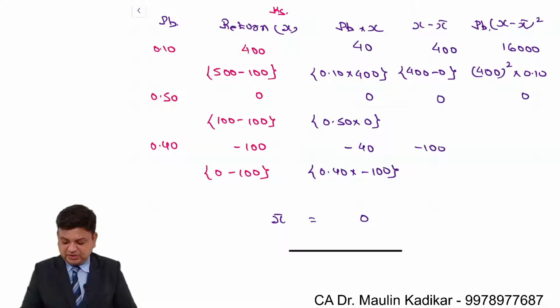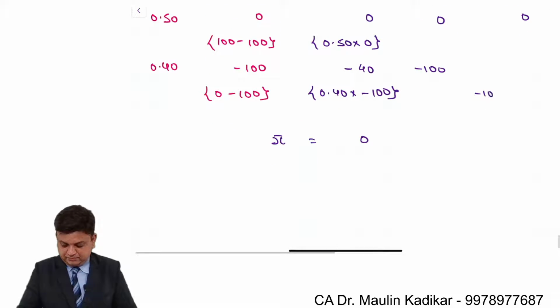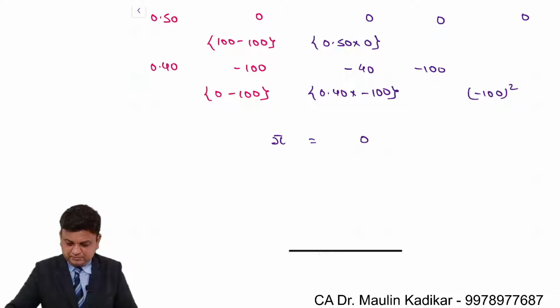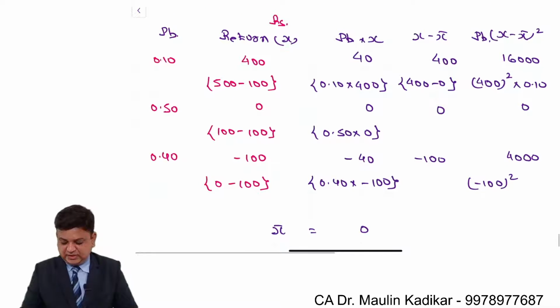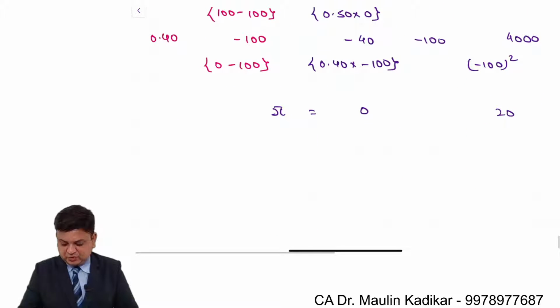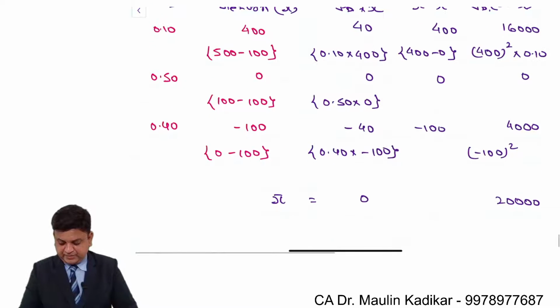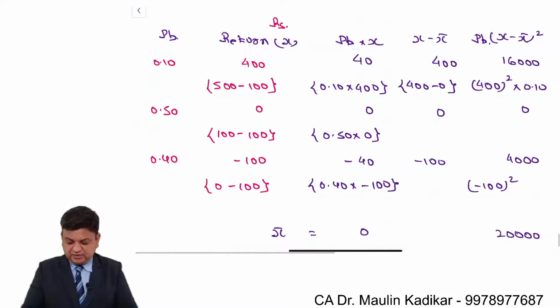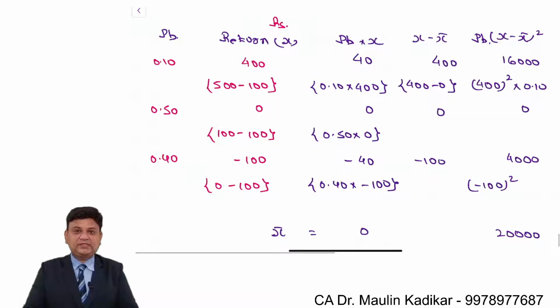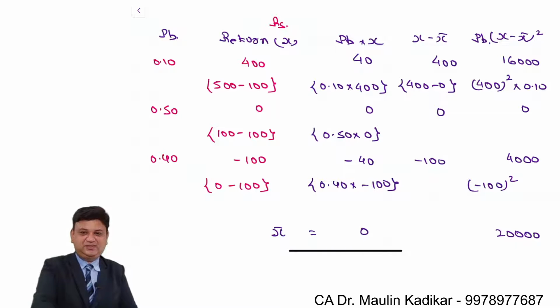In the next case it is 0. Then square of 100 into 0.40 comes to 4,000. 16,000 plus 4,000 comes to 20,000. That is the way the variance is calculated. And then the square root of the same will be the standard deviation.